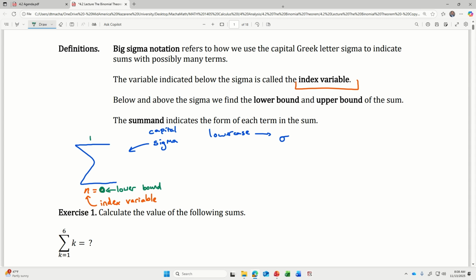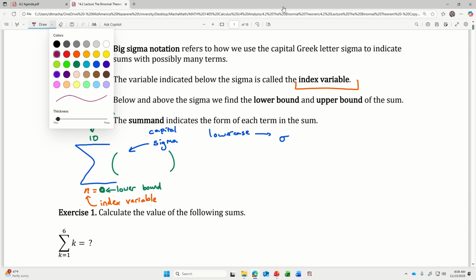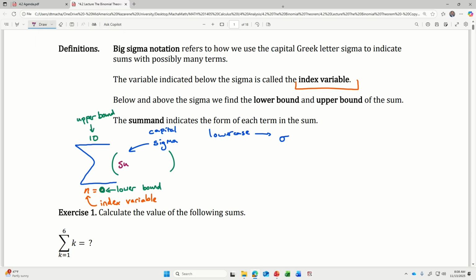And then up on top, there's going to be another number called the upper bound. And then right here, in front of the sigma, this is called the sum end. And the sum end kind of tells you what every term is going to look like.